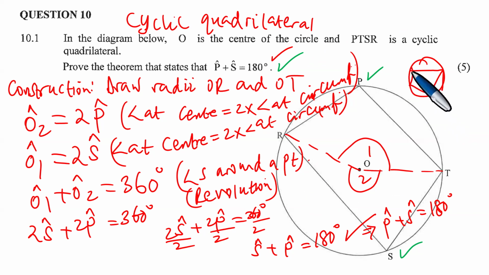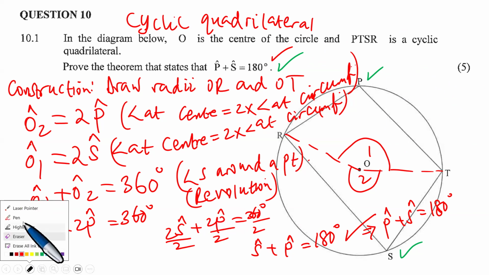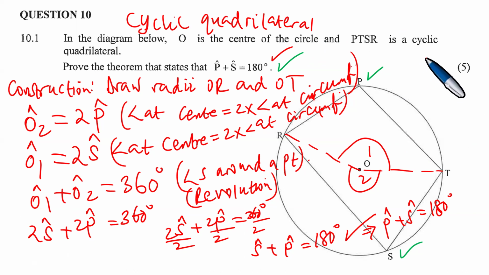It's called a cyclic quadrilateral, just that way. The one we were just looking at right now is a cyclic quad. You have a circle like this, and you have this here.